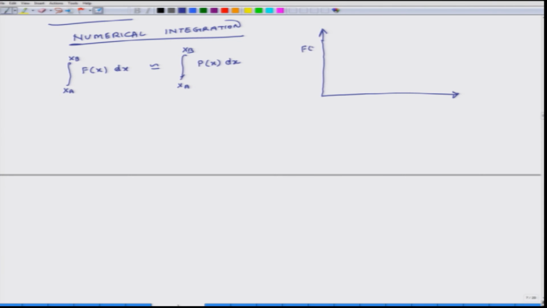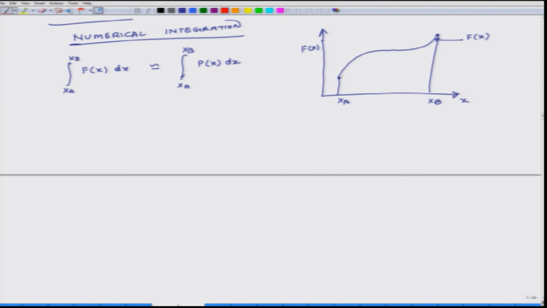So, this is f(x), this is x, this is my f(x). I can say that I do not know how it is exactly varying, but these are the limits for the element, xa to xb.